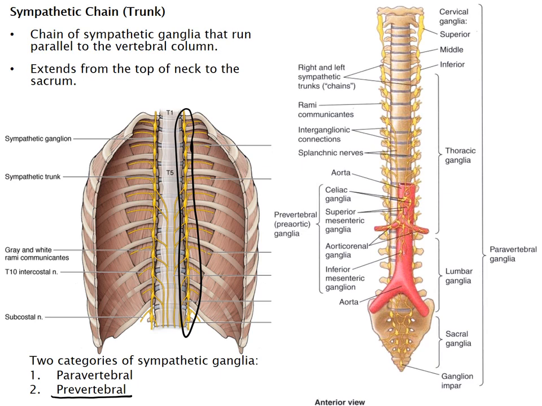Now, personally, I prefer the term pre-aortic ganglia because it's more specific. These ganglia are located within the abdomen, just in front of the aorta itself. And as you will learn in just a moment, there are nerves referred to as splanchnic nerves that will carry preganglionic sympathetic fibers down to these prevertebral or pre-aortic ganglia in order for the synapses to occur within these ganglia.